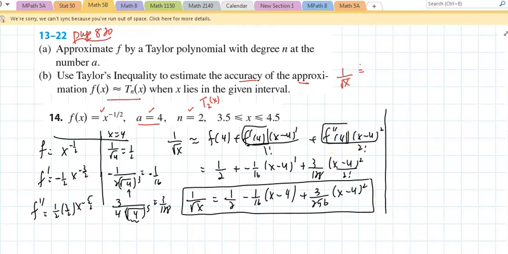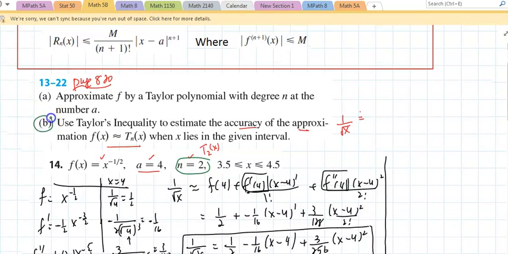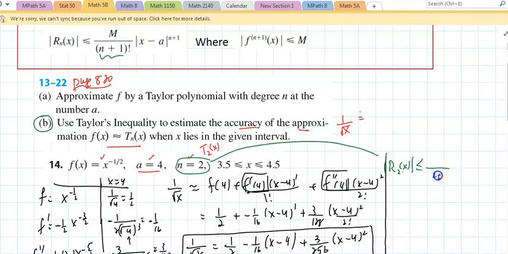Now, like I mentioned, if they say find the 2nd degree, notice in part B, if I want to find the remainder in using the 2nd degree polynomial, in absolute value it's less than or equal to M over n plus 1 factorial, that's 2 plus 1, 3 factorial, times the absolute value of x minus 4 cubed. I'm going to show you a nice trick for x between 3.5 and 4.5, and I'll show you both ways.